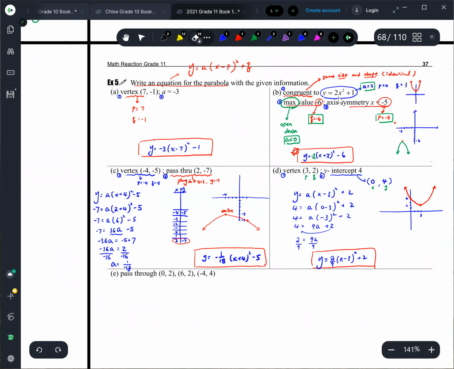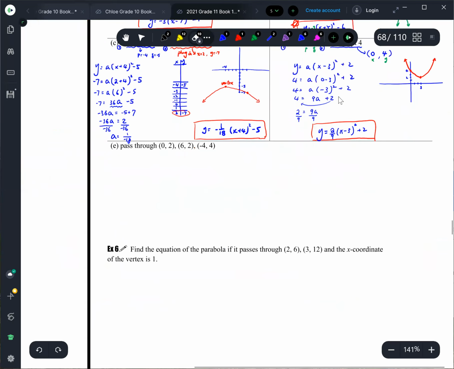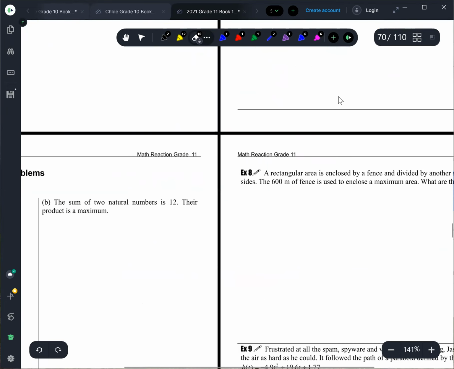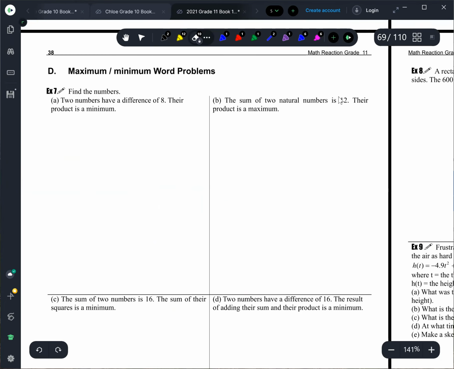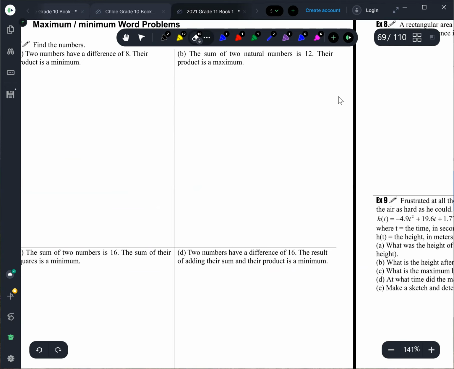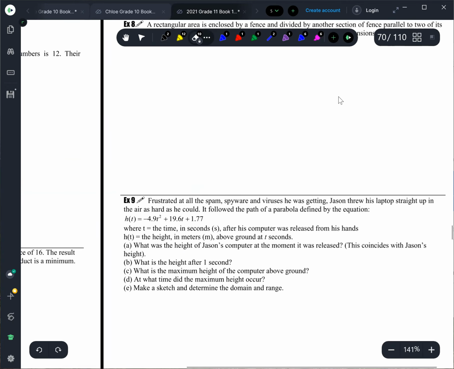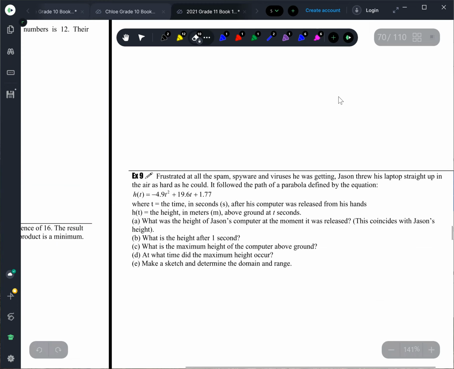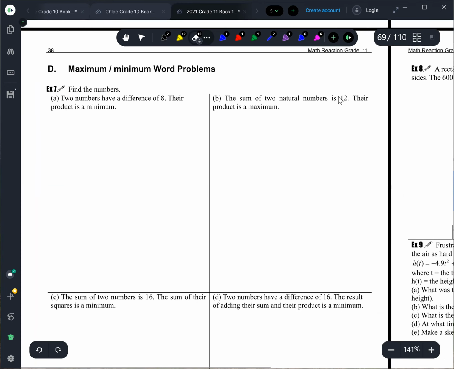Of course, before we can actually apply to those scenarios, we need to start with something simple, just finding numbers without using a story that's too complicated. So we'll start with page 38. This one is just finding the numbers, and inside it also mentions maximum and minimum.